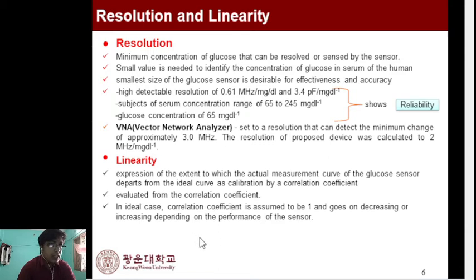In the ideal case the coefficient is 1, and as the performance of the sensor decreases, it becomes less than 1.